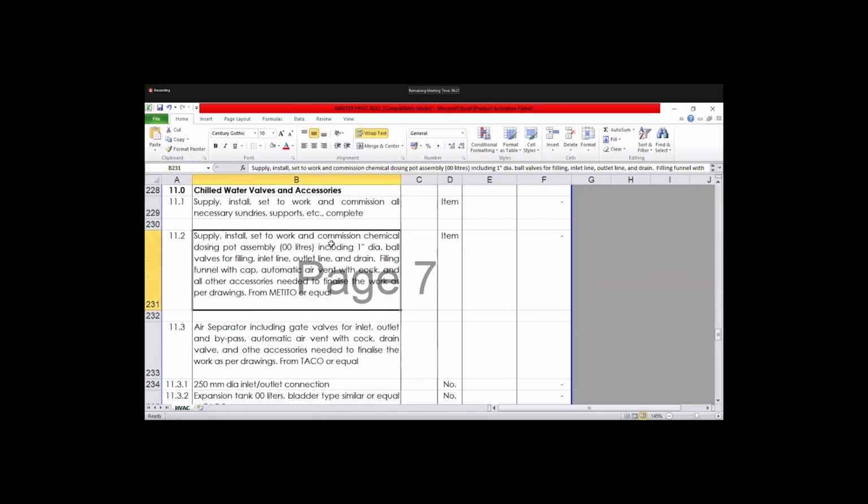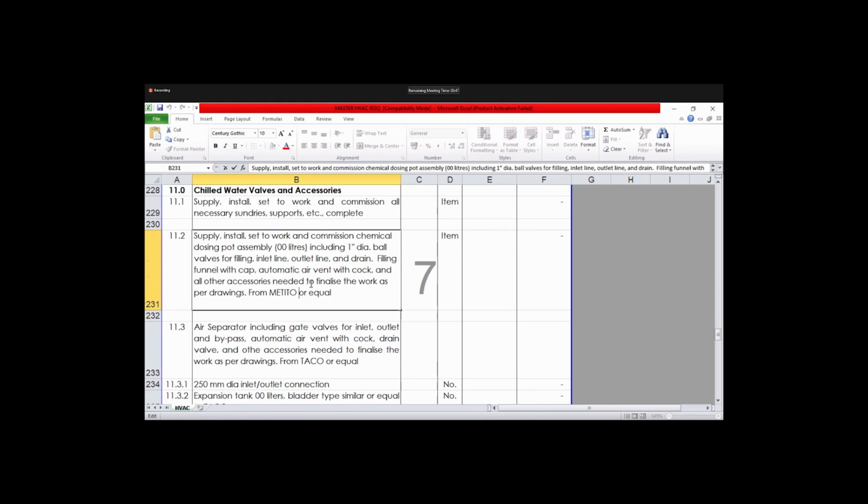Supply, installation, testing and commissioning of chemical dosing pot assembly, including 1-inch diameter ball valve for filling inlet line, outlet line and drain, funnel with cap, automatic air vent and cock. The air vent also we have to provide, because in case of air trapped inside the chilled water, we have to provide the air vent at the top of our main supply line header in the plant room.